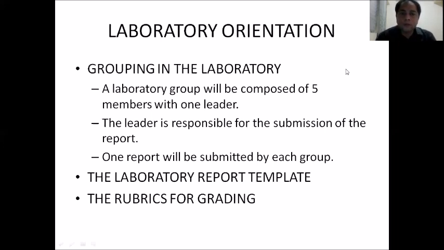So in general, we will have 5 members in one group, with one leader as assigned. That leader will be charged with reminding the members to do some tasks, and that leader is also responsible for the submission eventually of the required output.